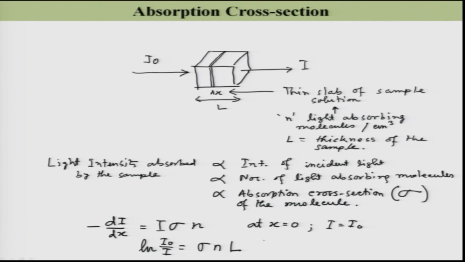Now, what we have already seen is another equation, A equal to epsilon C L. If you remember the Lambert-Beer's law, we already saw A, which is nothing but log I0 by I, equal to epsilon C L. So this epsilon C L and this sigma N L must be related to each other. So now let us see.